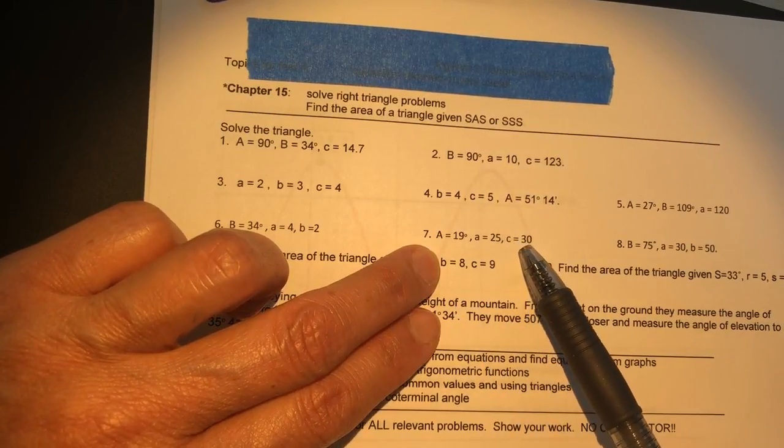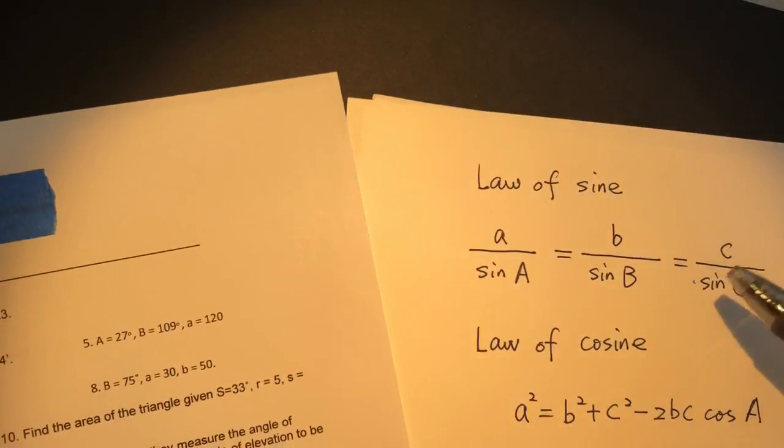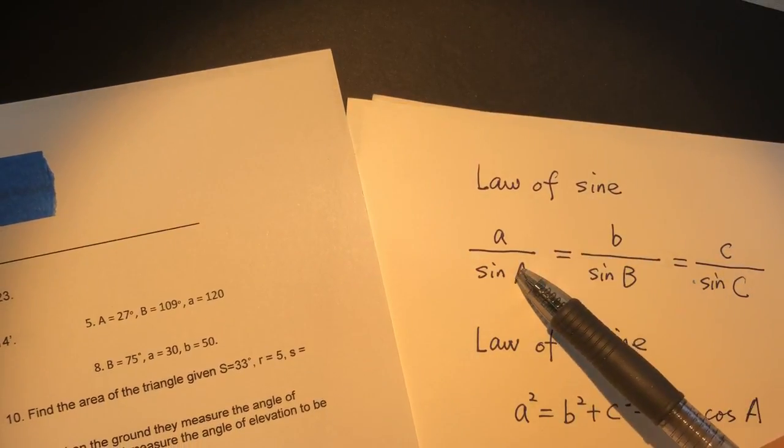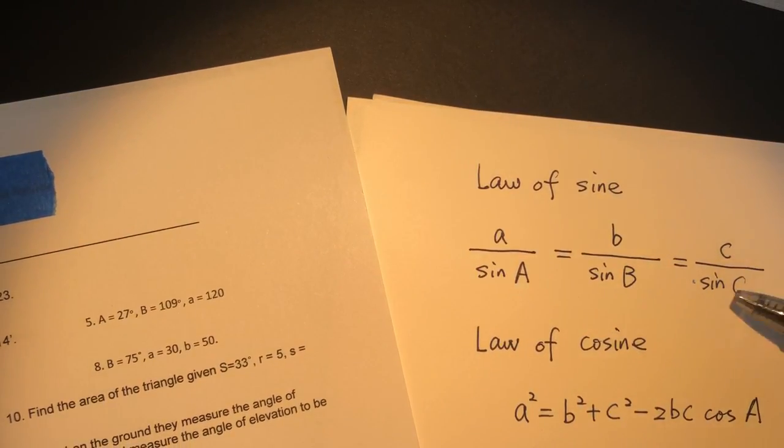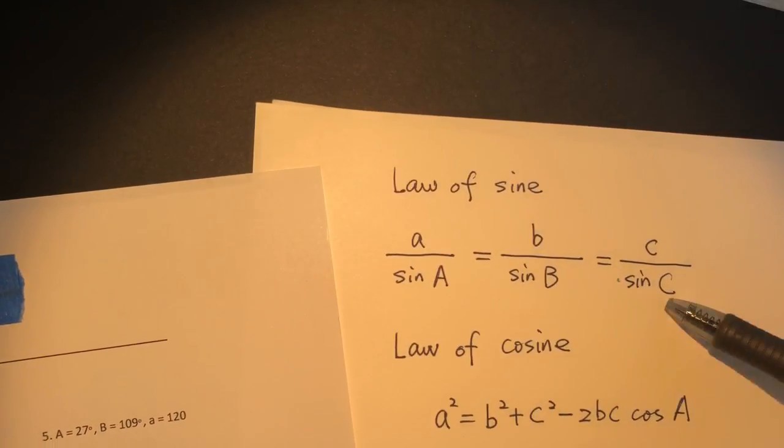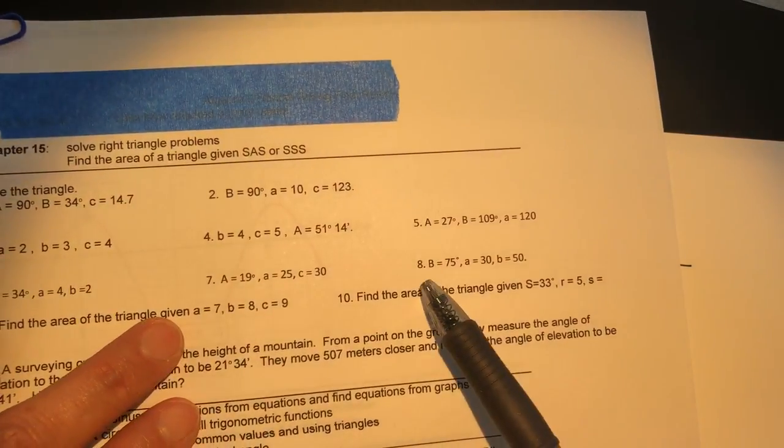And then c over sine C. So a, c, no, unknown is sine C. We can figure out the C.